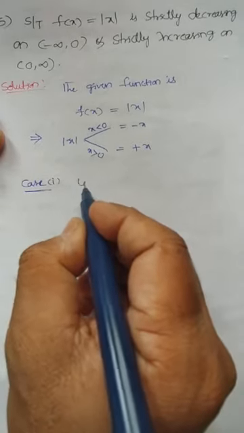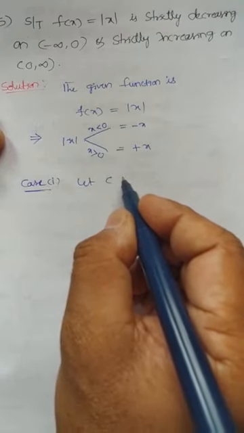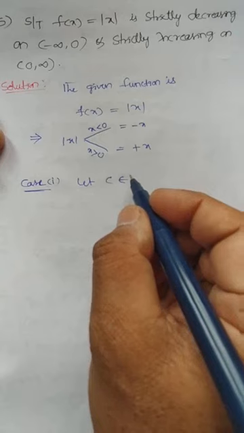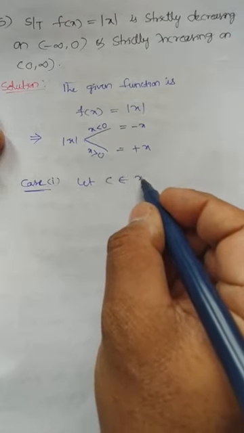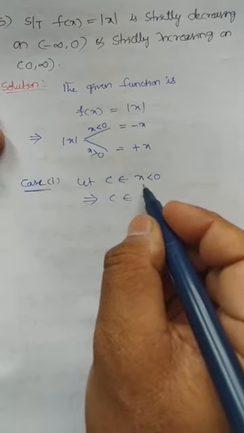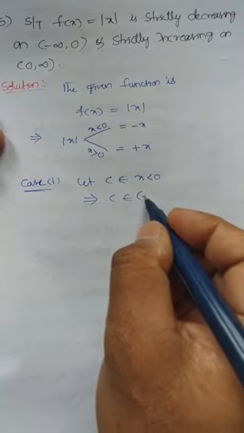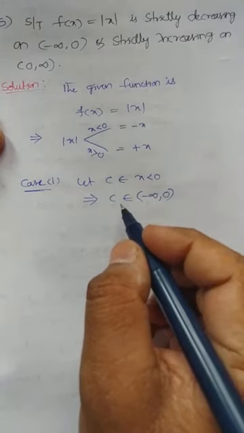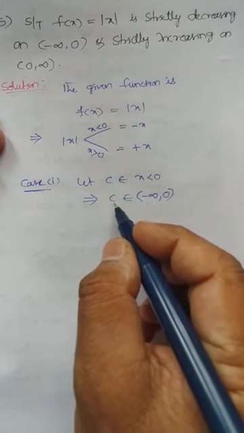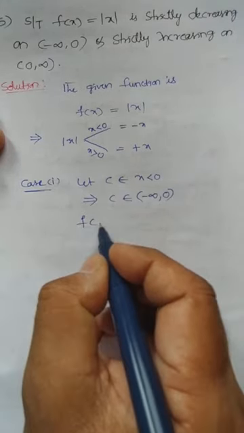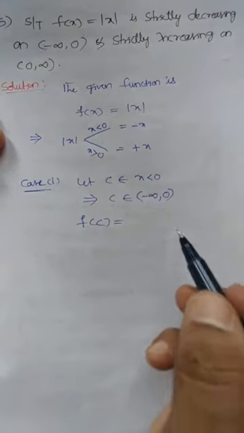Let c belong to this case, that means x is less than 0. That implies c is belonging to minus infinity to 0. In this interval you can take any value here as c, and I am going to find out what the function value f of c is.